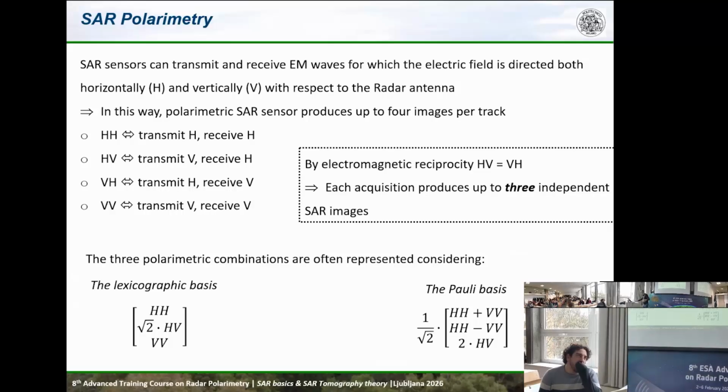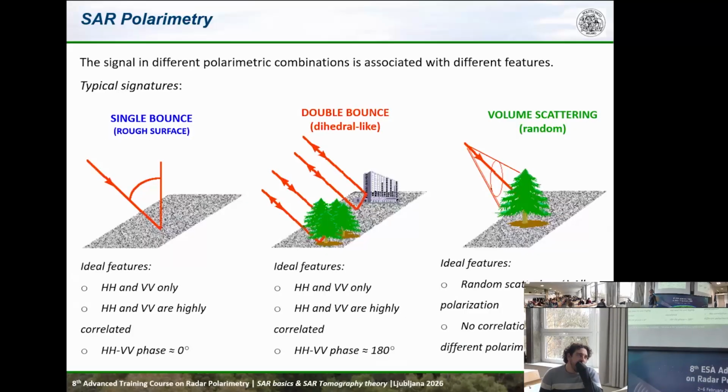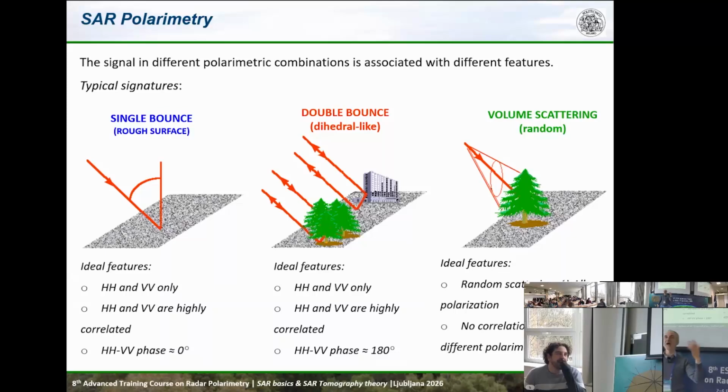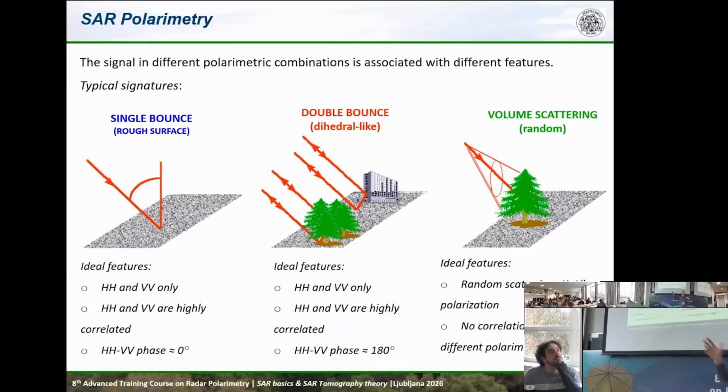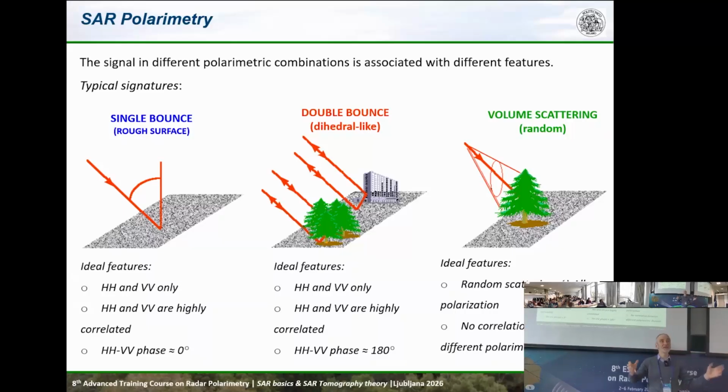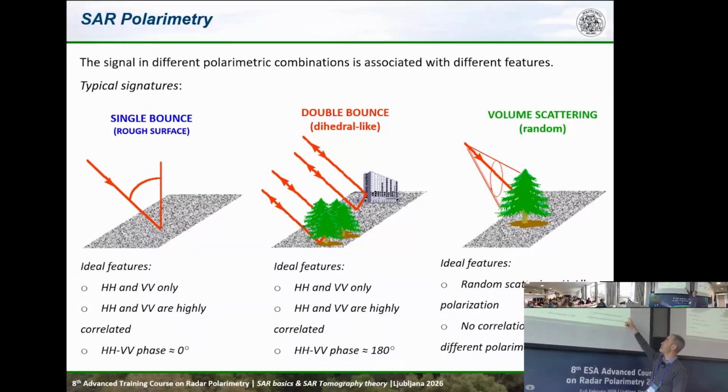What is left? Well, if you have the so-called volume scattering, which means that your signal is determined by many different objects like branches with any possible orientation, then you have signal in every polarimetric combination, and you also have signal in HV.